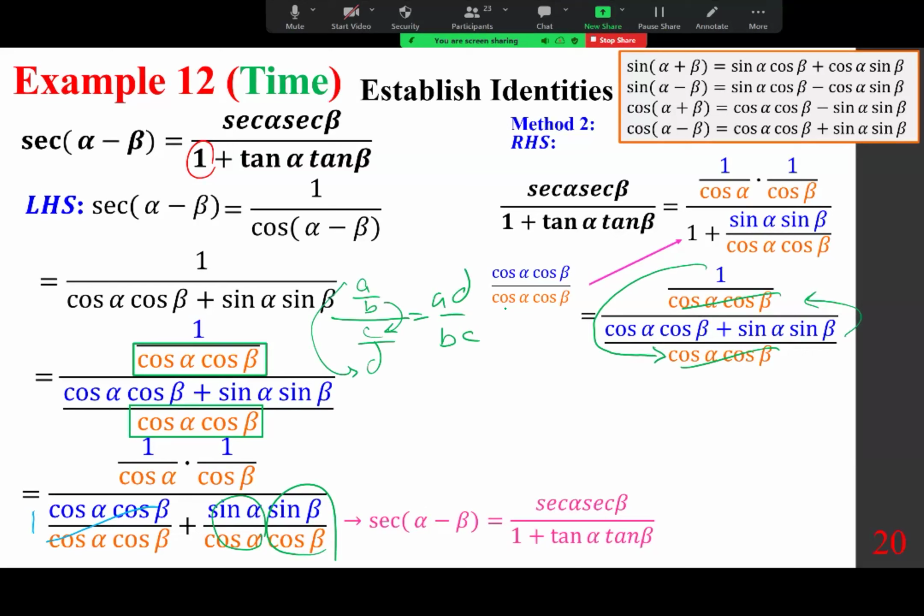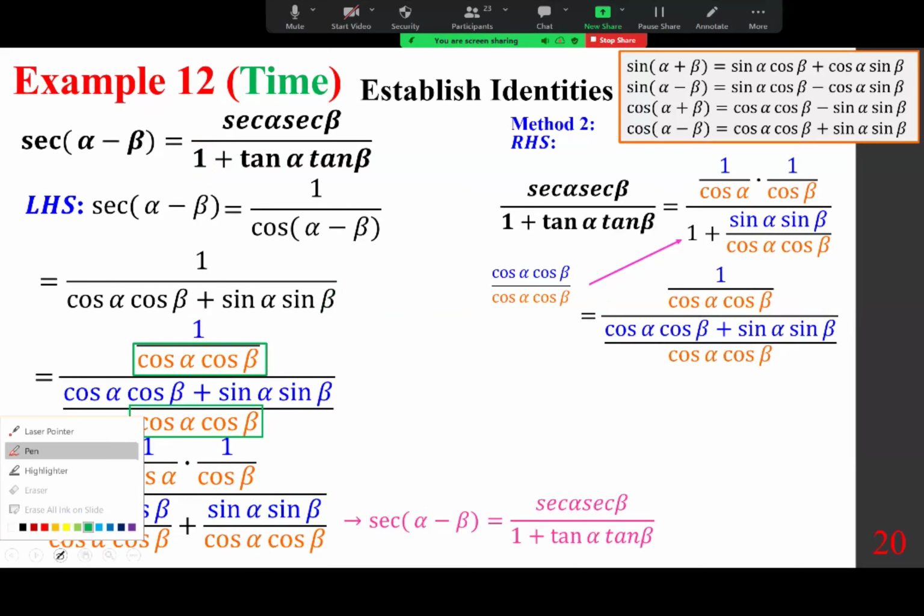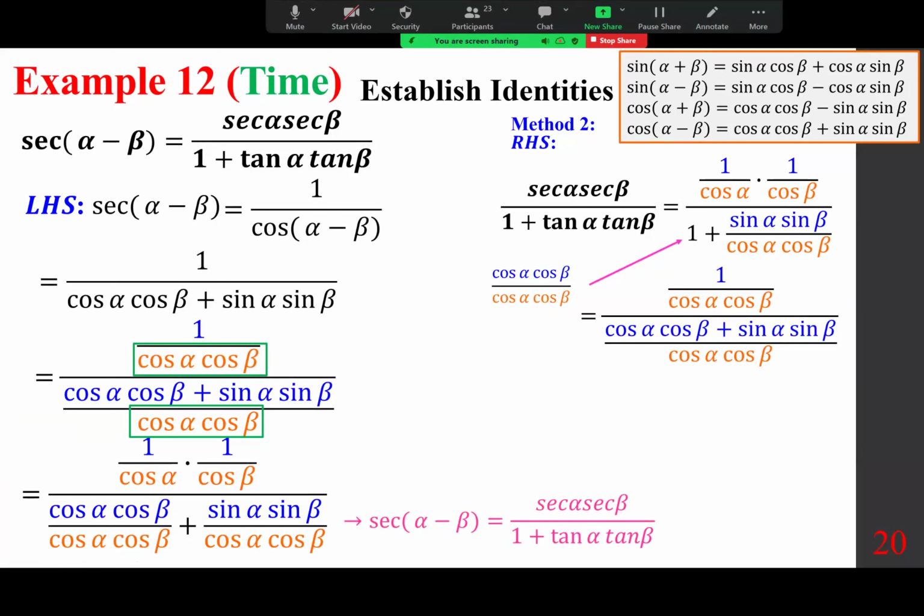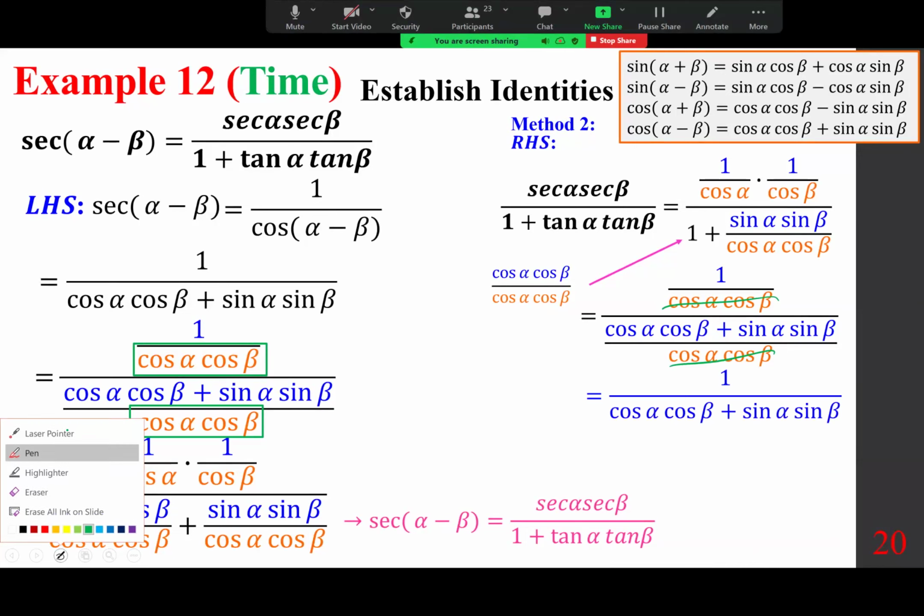Let me clean up my work and do it again with a different color this time. So these two cancel each other. 1 over cosine alpha cosine beta plus sine alpha sine beta.